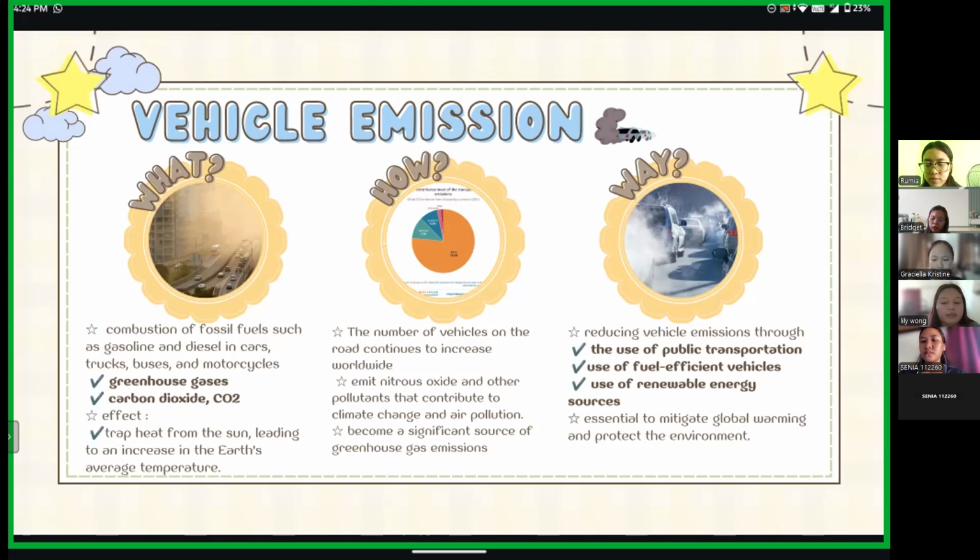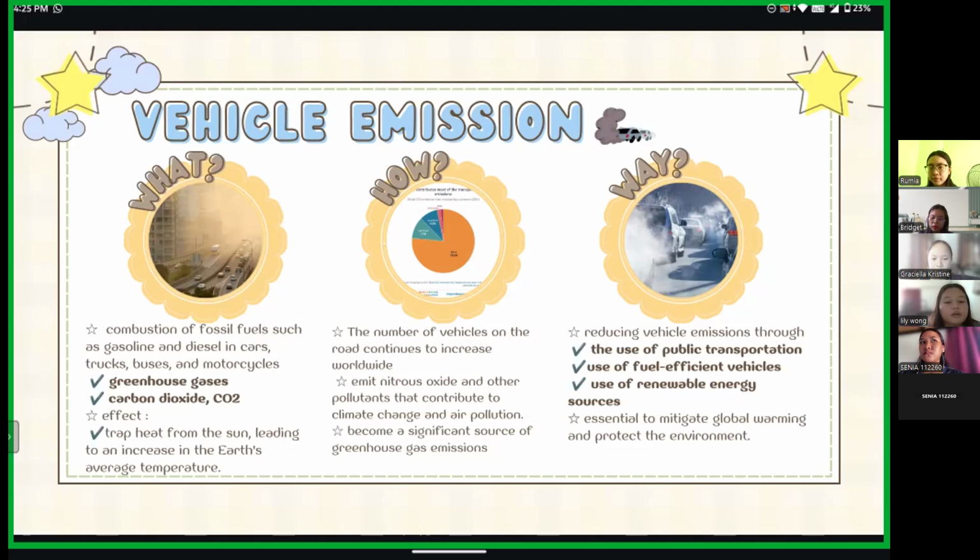Furthermore, climate change caused by excessive greenhouse gases will lead to rising sea levels, extreme weather events, and distortion of ecosystems. That's why we need to reduce vehicle emissions through the use of transportation like buses, taxis, and carpooling.